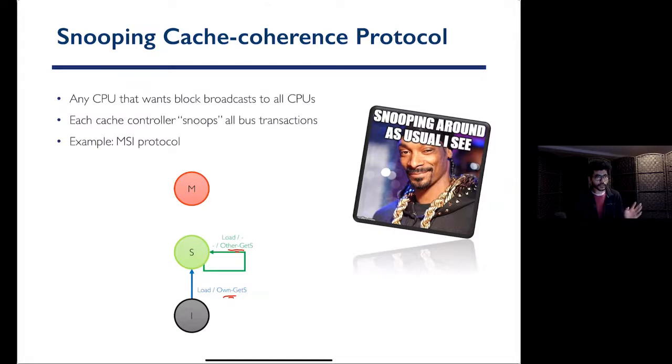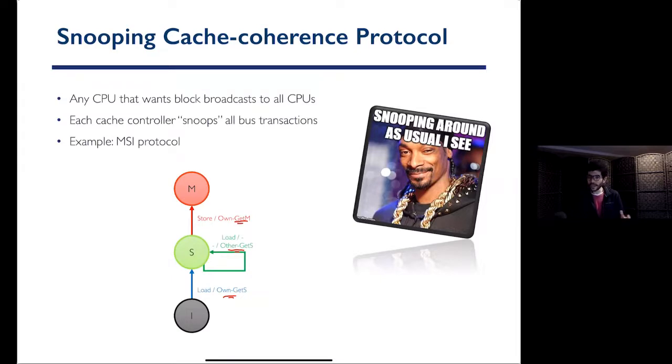So all is good. Now, the moment your CPU issues a store, your cache controller is going to send a message to everyone saying, I want this in modified state. So you issue a GetM to everyone.